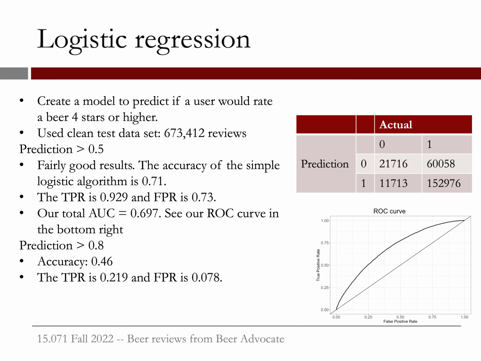However, when you go to a brewery, you have 5 to 10 beers to choose from. You probably don't care about the true positive rate or the accuracy. You care about whether or not you're predicting a bad beer, right? You want to only predict good beers. So we set the prediction threshold to a higher 0.8, and we were able to get the false positive rate down to 0.078, which we thought was probably a better algorithm for the users.